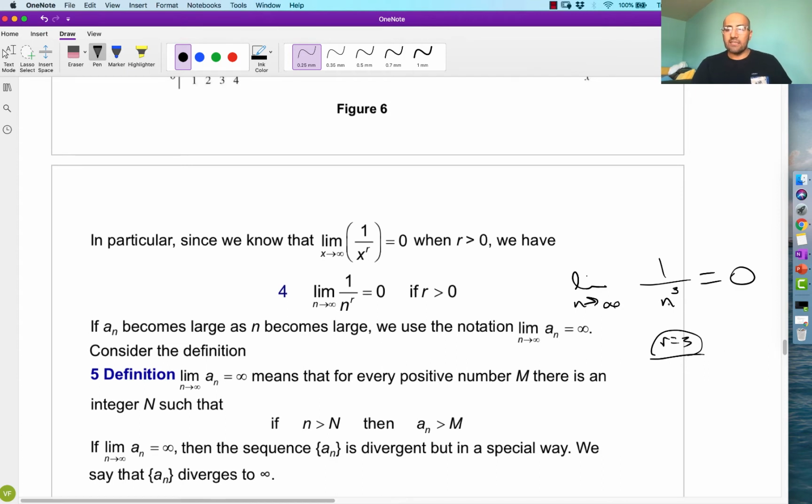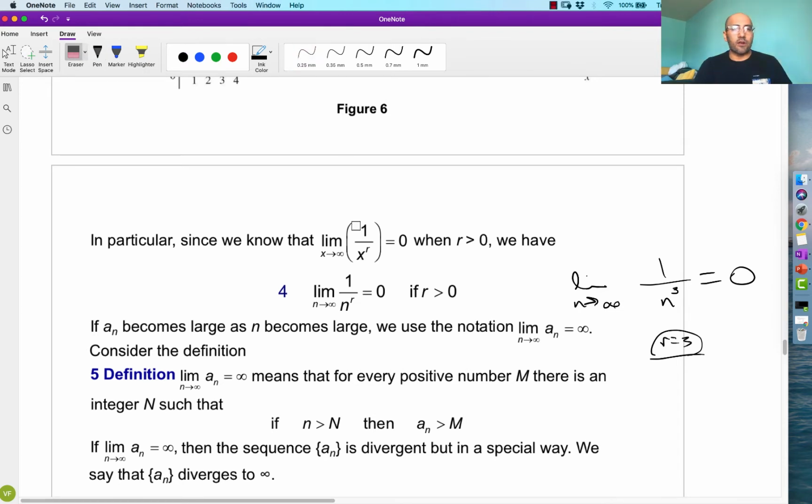Right? So as these integer values get larger and larger, and every time we input a new integer value we cube it, of course the denominator is going to be growing out of control, getting larger and larger. So 1 over a very large number is going to get really close to 0. Right? And that's going to be true.